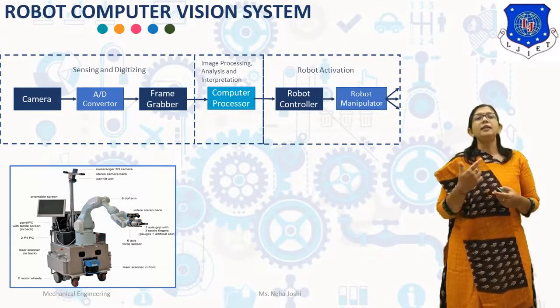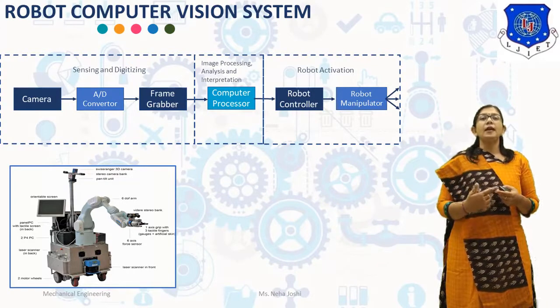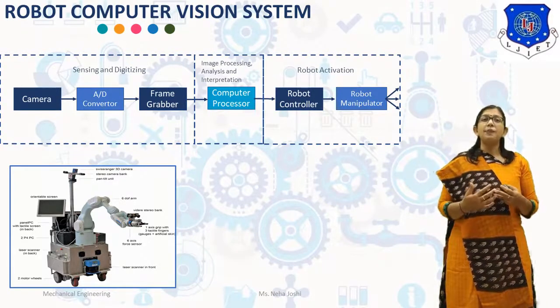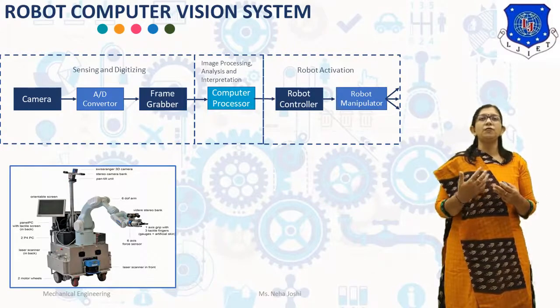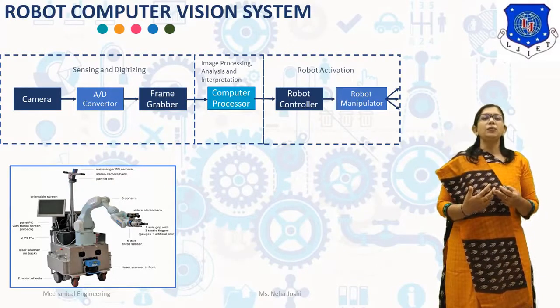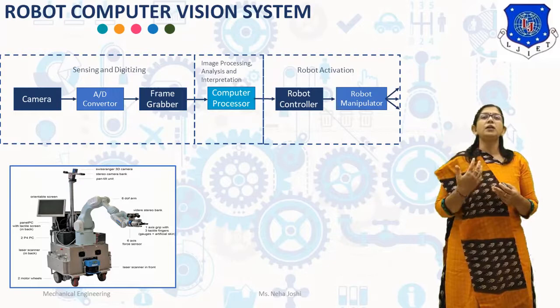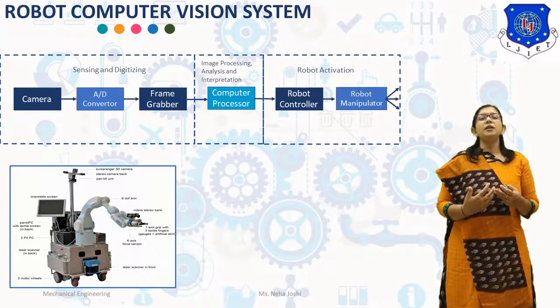The second part is image processing, analysis and interpretation. In this part, the digitized image is analyzed to extract image information such as objects, edges, boundaries, color and textures. Using the image information, the interpretation of the image is carried out. The image interpretation is also called machine perception.